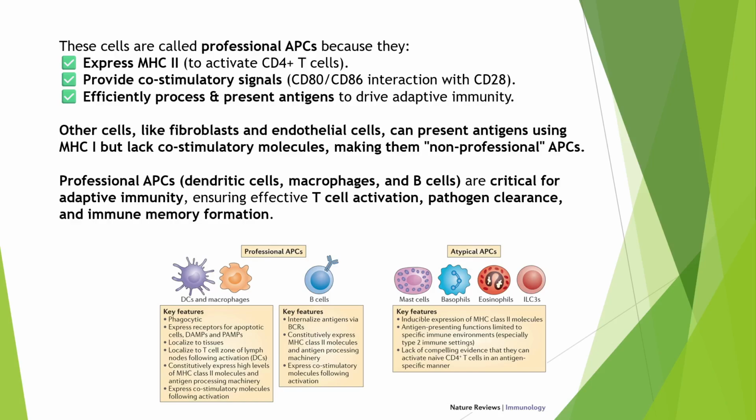Then these cells are called professional antigen presenting cells because they express the MHC class 2 molecules and they provide co-stimulatory signals. They are efficient in processing and presenting the antigens to drive the adaptive immunity. Other cells other than the professional APCs also have the ability to present the antigens.